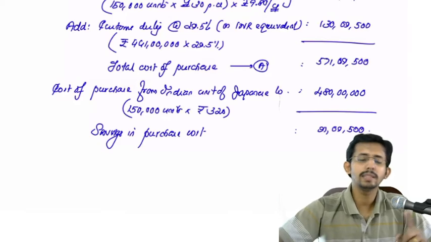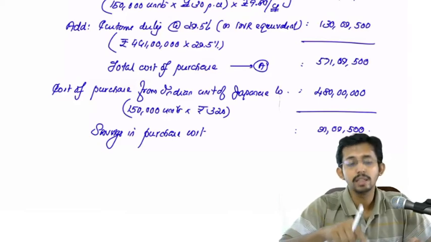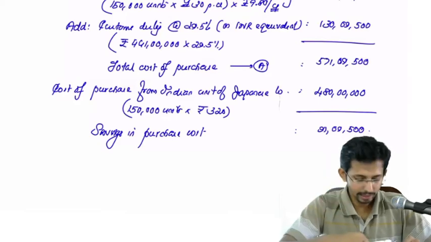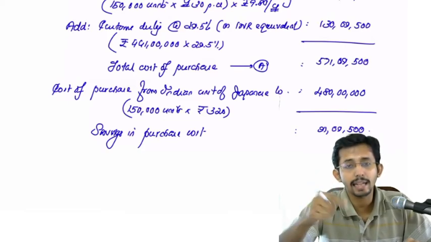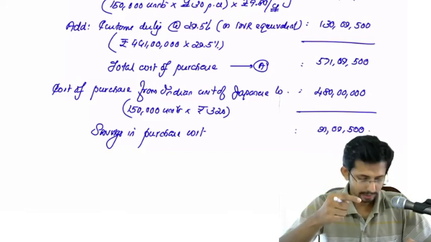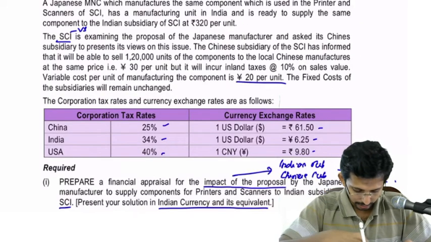Now there is a problem. When there is savings in cost, there will be additional tax payable. The income of the Indian subsidiary will increase to that extent. So the Indian subsidiary will have to pay tax in India. And what is the tax rate? 34%.